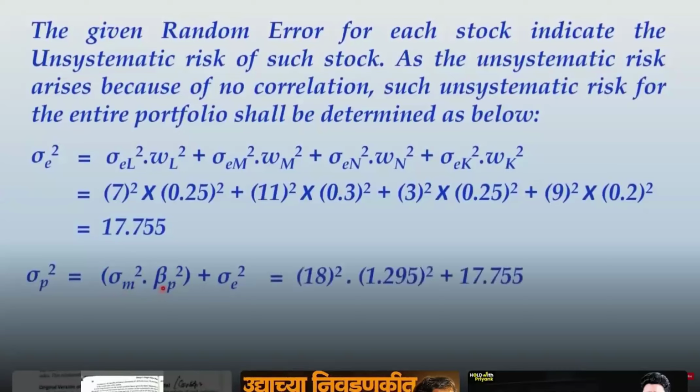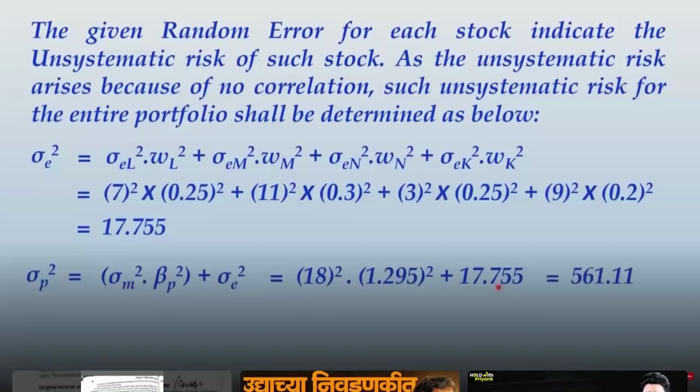So what you get in calculation is 18 square representing market variance, 1.295 squared is beta portfolio squared, and ये error term जो random error term है पूरे portfolio का, that is sigma e squared for the entire portfolio, जो हमने अभी यहाँ से calculate किया 17.755, same calculation 17.755.